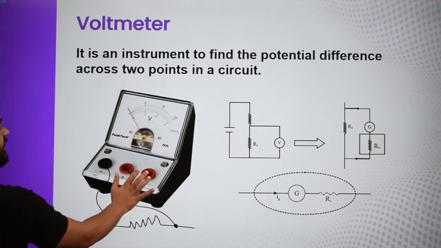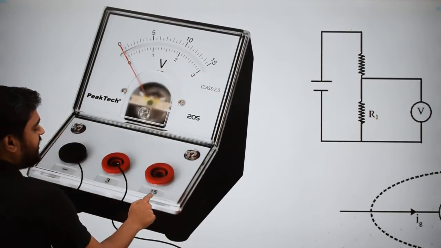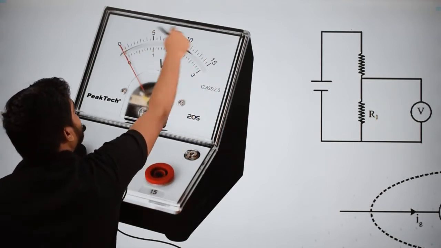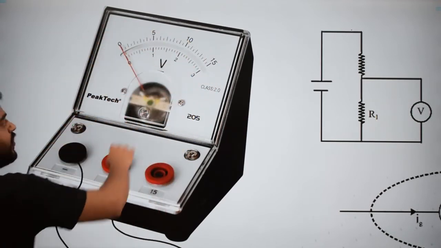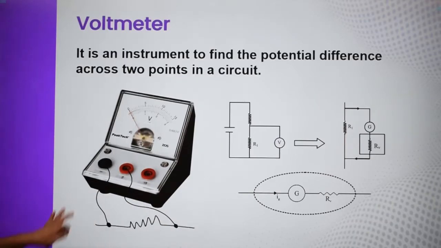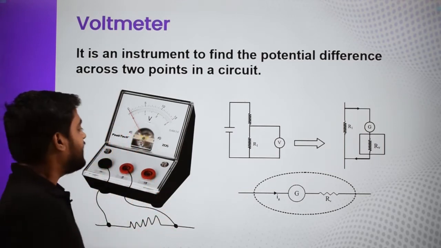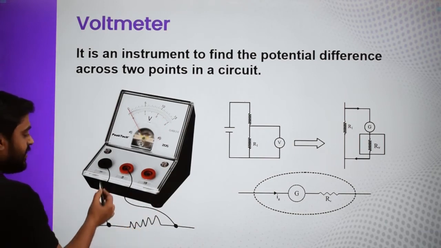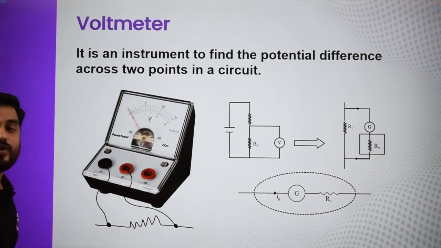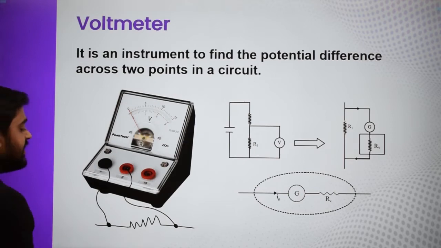If you see again, same way, there is 3 and 15, which means you have to read from this scale, and if you are doing this connection over here, the reading has to be taken as per the 15 volt scale. So this works as 2 voltmeters simultaneously, and as you can see, it is measuring the potential difference across where these 2 connections are given. So it measures the potential difference across any of the resistances or any 2 points.